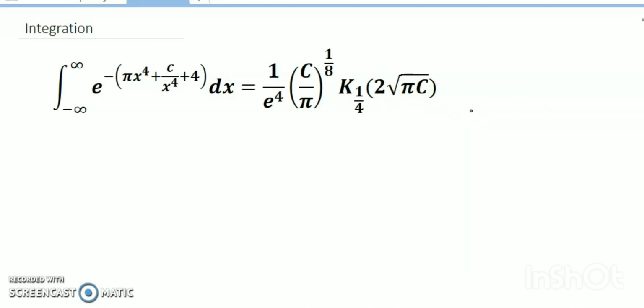Okay, at first we have to write what is the first kind modified Bessel's function. The modified Bessel's function formula is important.